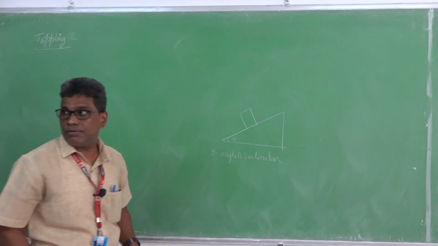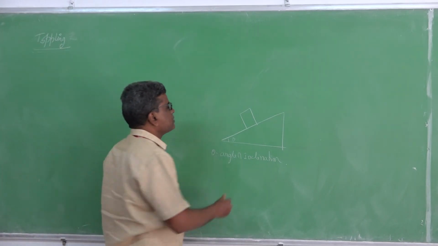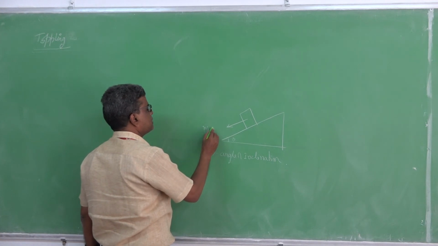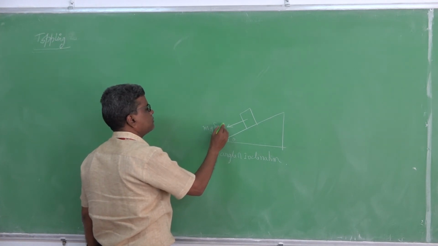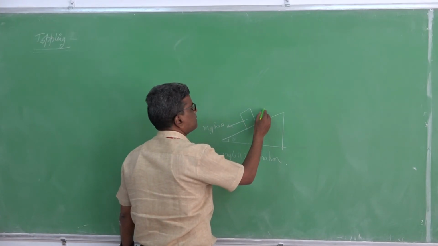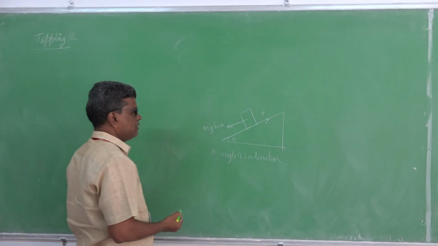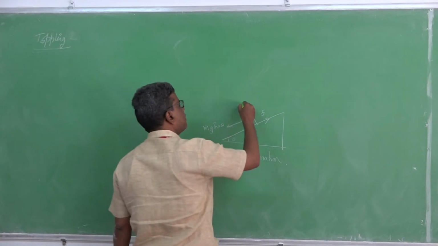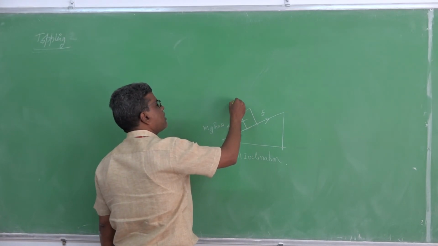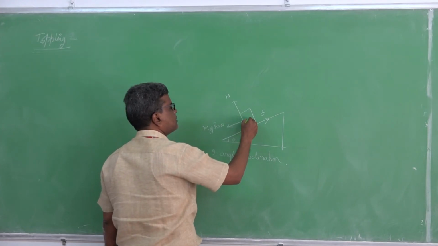Let theta be the angle of inclination. So this object will slide, and because of this slide, mg sin theta acts down the incline and the frictional force acts in this direction. When it is about to topple, the normal reaction passes through the corner, so N will be like this.